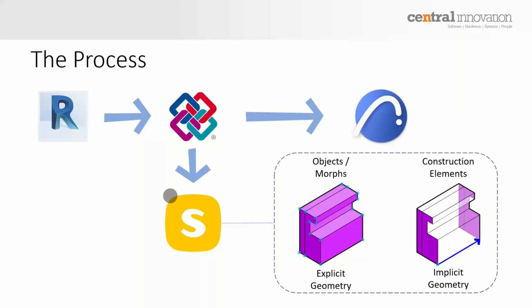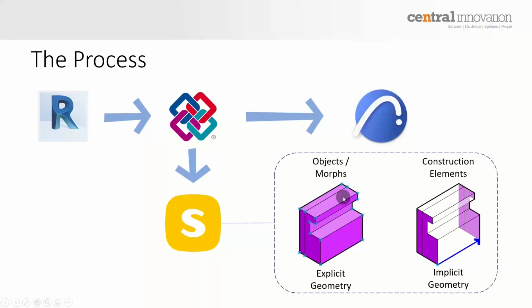When we transfer that back to Archicad, the IFC will take all these elements in explicit geometry and the elements in implicit geometry. And because of the dedicated translator we're building, we're going to try to make sure that most of the implicit geometry, hopefully all of it, can be rebuilt inside Archicad with construction elements, meaning typical walls, beams, columns, slabs, roofs, and so on.